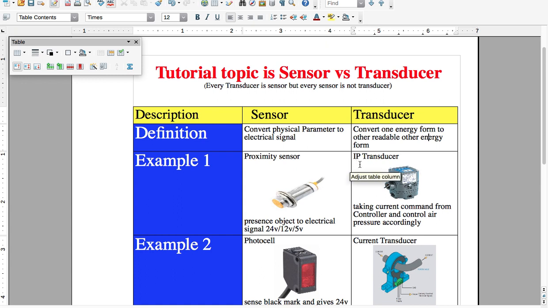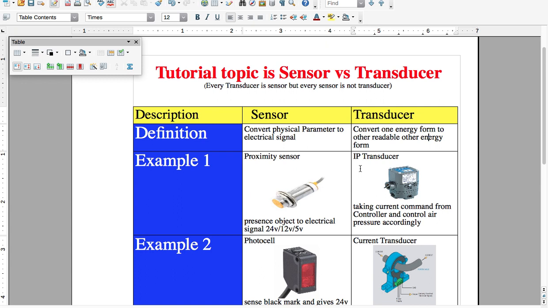My IP transducer is also available as a VP, voltage to pressure transducer, but I am here to explain the IP transducer. The IP transducer takes the signal from a PLC or some other controller in the form of electrical current.